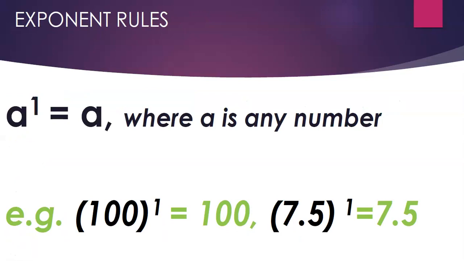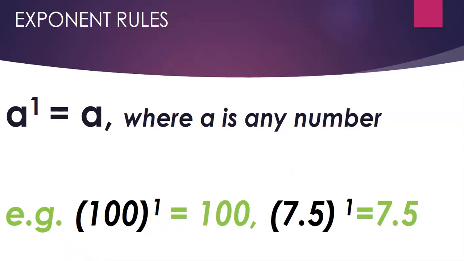Now let's look at some of the rules associated with exponents. The very first rule is when you have a number a and you raise it to the power 1. So any number raised to the power 1 is nothing but the number itself. So 100 raised to the power 1 is 100. 7.5 raised to the power 1 is again the number itself.